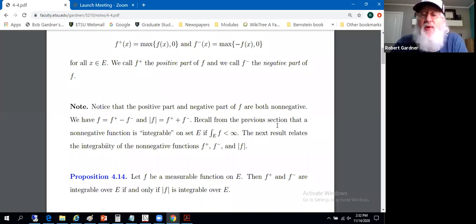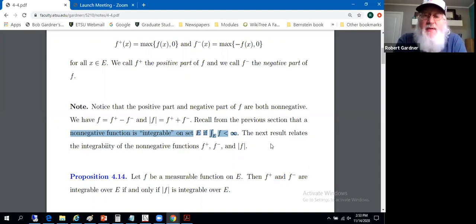We know from the previous section how to integrate class 2 functions. And we had defined a non-negative function to be integrable, provided the integral of that function was finite.